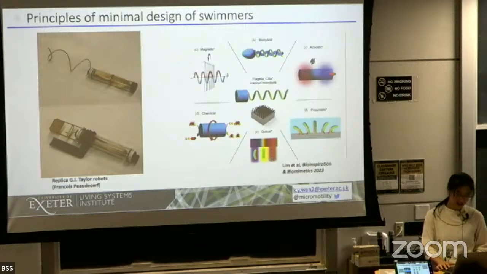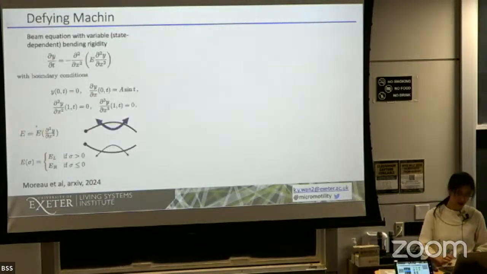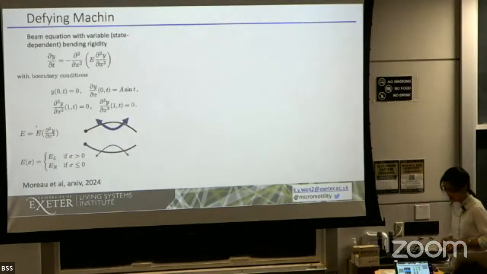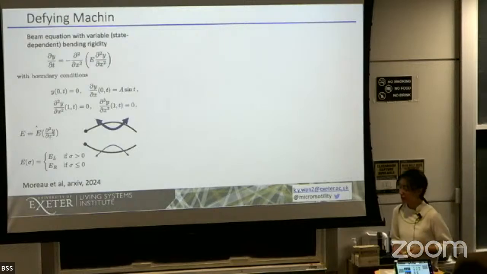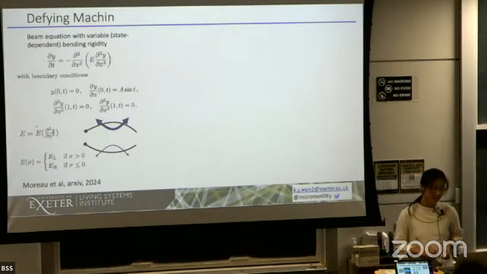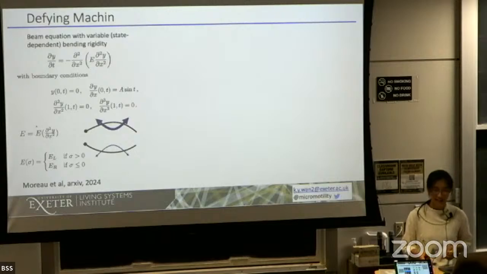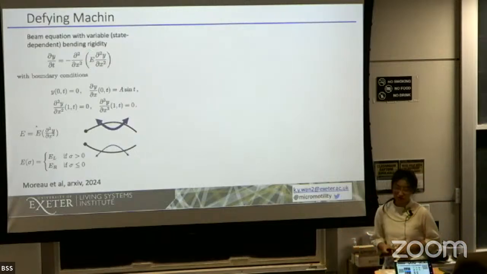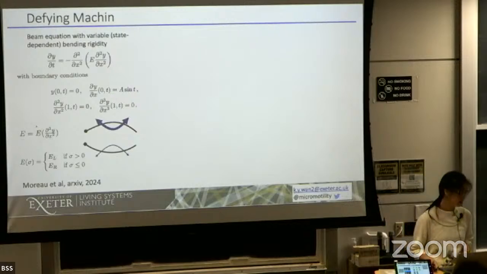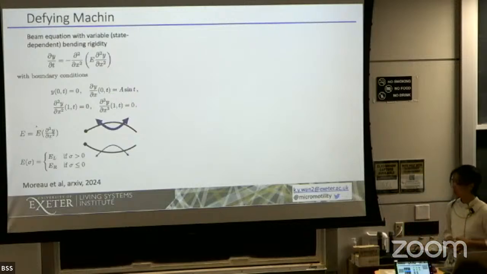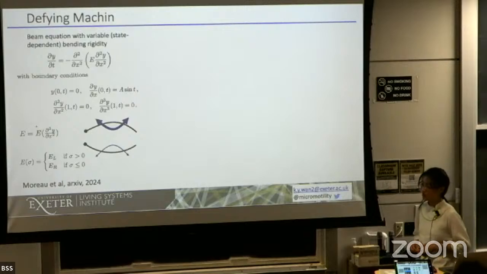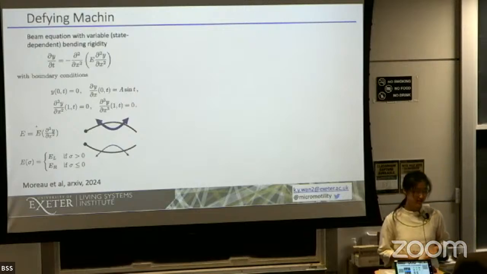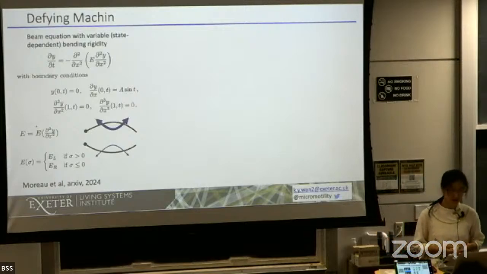So one thing that we and collaborators worked on recently was a slight modification of Machen's original argument. In this case, I've grouped all the other terms here into a single parameter for simplicity. And one thing that we did in the past was always assume that the bending rigidity, this key material property that I mentioned before, was constant along the filament.